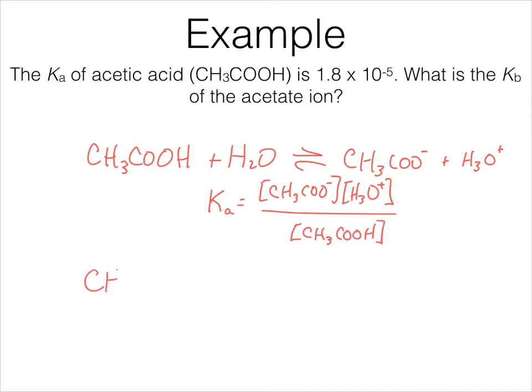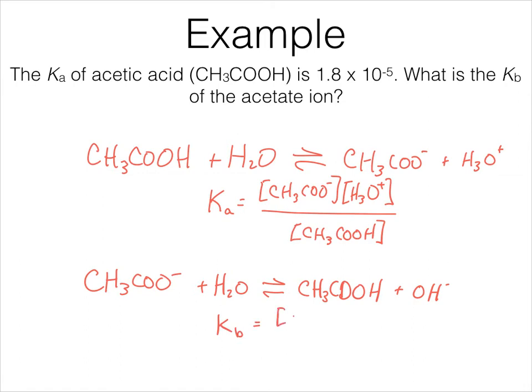And then the acetate in water acts as a base, so it is in equilibrium with the acetic acid plus the OH-, and has a Kb of acetic acid times hydroxide divided by acetate.